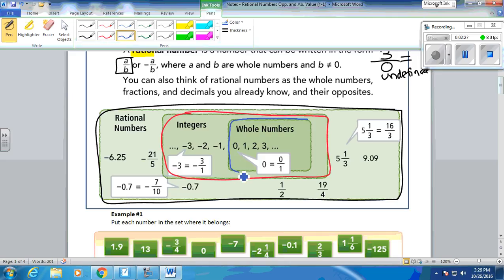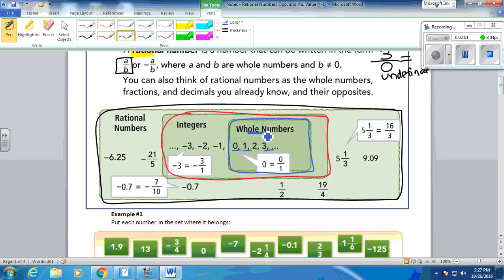So now we have our whole numbers, and the definition of whole numbers is that they're whole. They're not decimals or fractions, and they're all positive. So the first whole number is 0, 1, 2, 3. If you look at the word whole, you have 0 and 1 right there. So, reminding you that whole numbers are 0, 1, 2, 3, and so forth.